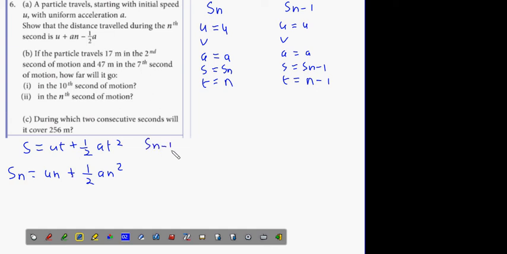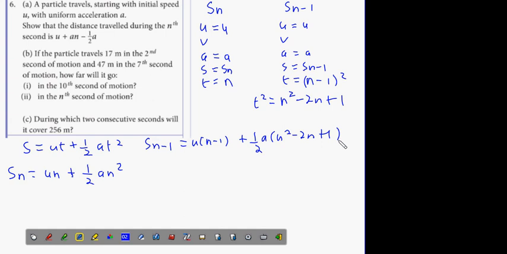S of n minus 1, which is the more difficult one, is going to be u times n minus 1 plus a half a times t squared. Now, I'm just going to find out what t squared is up here. Just square n minus 1, and then you get n squared minus 2n plus 1. Okay? A half a times n squared minus 2n plus 1, which is going to be un minus u plus a half an squared minus an plus a half a.